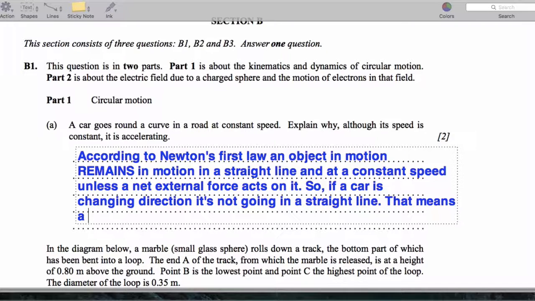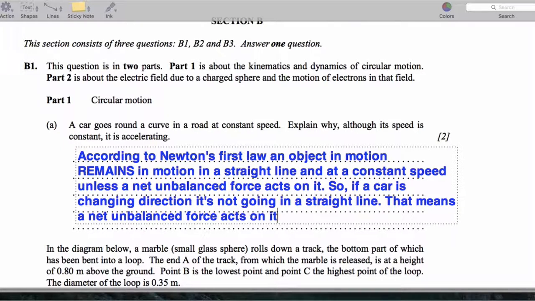That means a net force must be acting on it. And if there is a net unbalanced force, that means a net unbalanced force acts on it. Thus, it has to be accelerating.